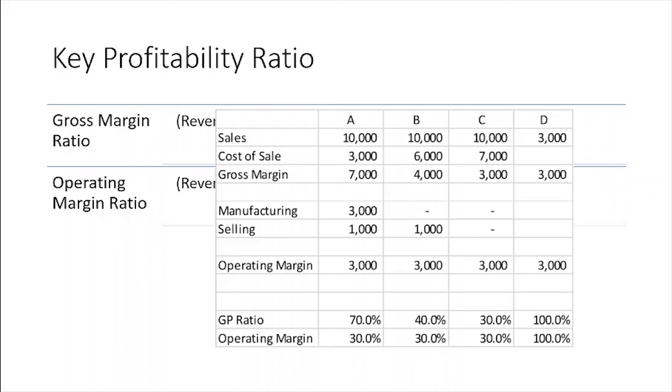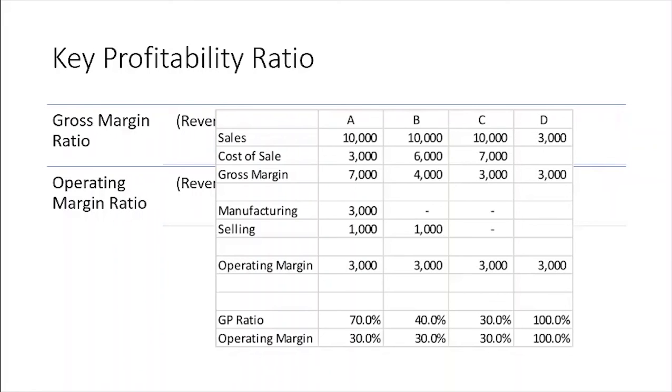So first, the ratios are not only helping you to understand profitability. If you compare them, they also help you understand the business model of those companies, how they are operating, and what kind of risk they have, correct?